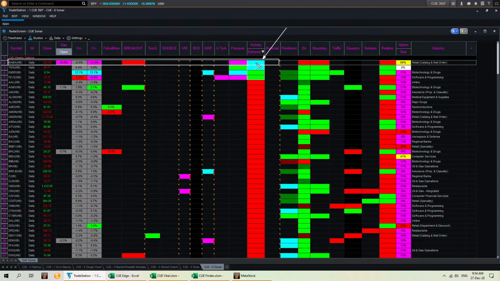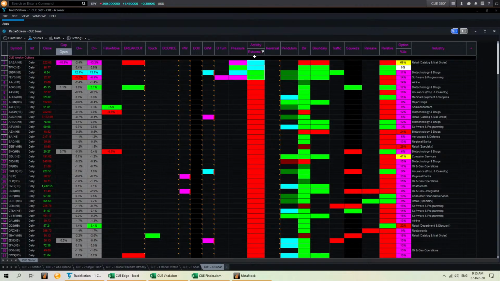Cyan color is extreme high activity, extreme high volume, and the pressure is showing that actually it is a down move, bearish pressure. The activity and pressure are required checklist conditions for several Q trade setups for both bounce and box trade setups. We need either high activity or pressure.